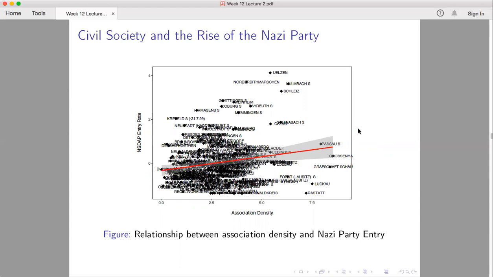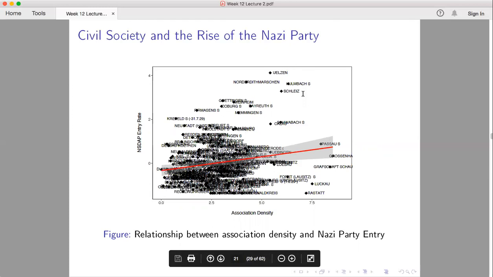And you might say, okay, well, that seems kind of true, but there are a lot of dots here on the lower end of the spectrum, and really this is being driven by all of these outliers here that have high levels of association density and high levels of Nazi entry rate. But that's not true.